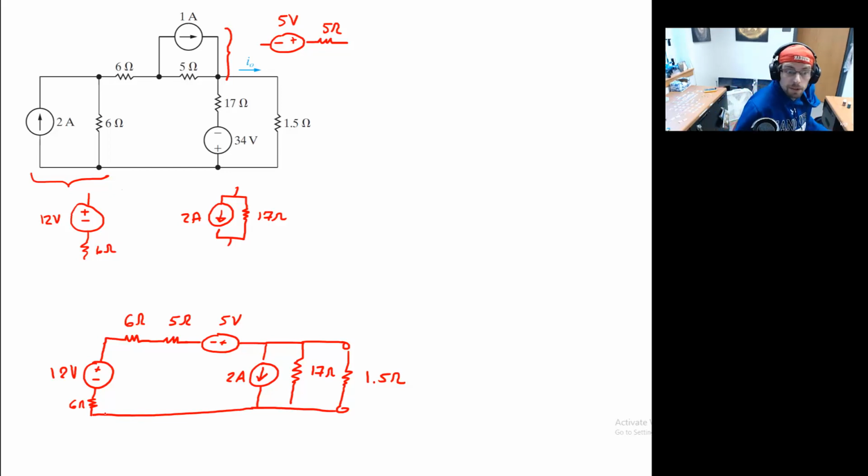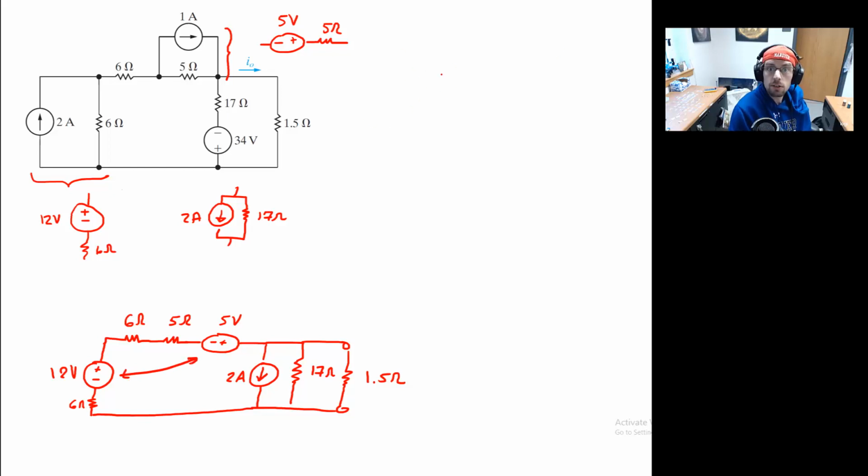Well, now we're in a position, we see that we have a couple of potential supplies that we can combine, right? This 12 and the 5, and the resistors as well.